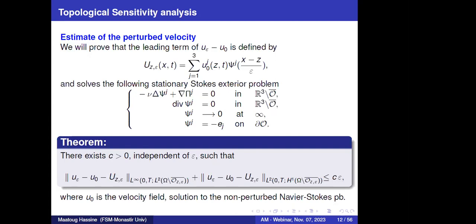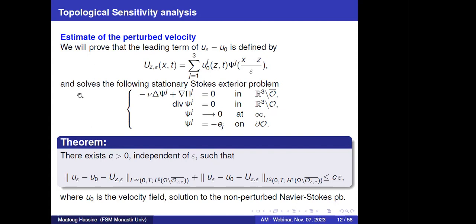We will prove that the leading term of the velocity field variation is defined by this expression, where J solves this Stokes exterior problem.